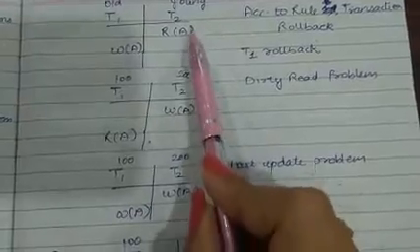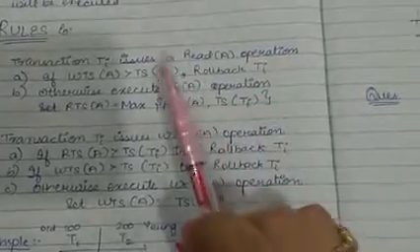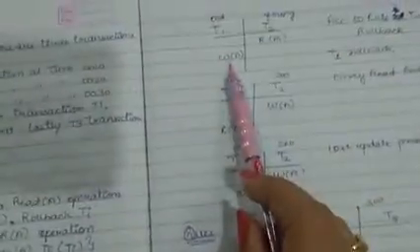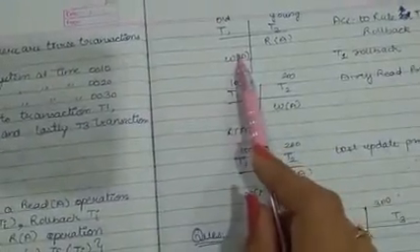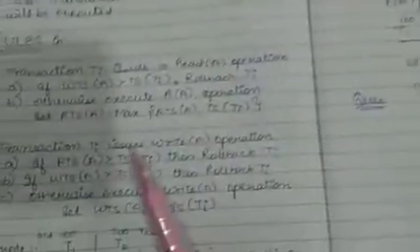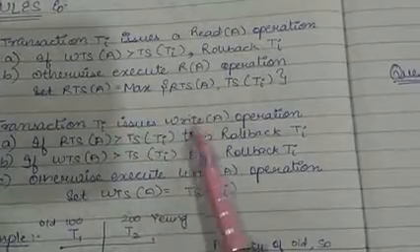So how can it be rolled back? Suppose I am talking about my rules. When I talk about my T1, there is a WA. So rule 2: transaction T1 issues a write A operation.